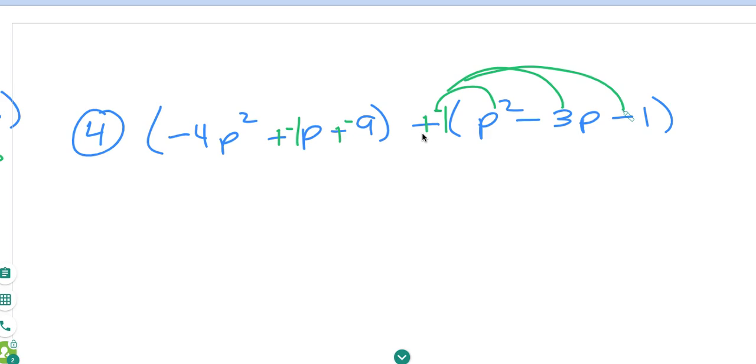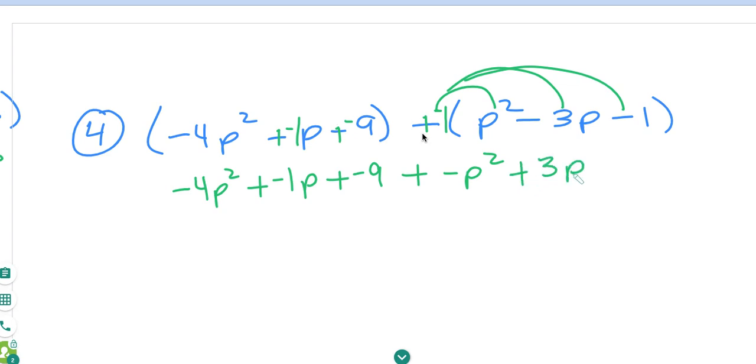So this is going to be negative 4p squared plus negative 1p plus negative 9 plus negative p squared plus 3p plus 1, because the negative 1 times p squared is negative p squared.